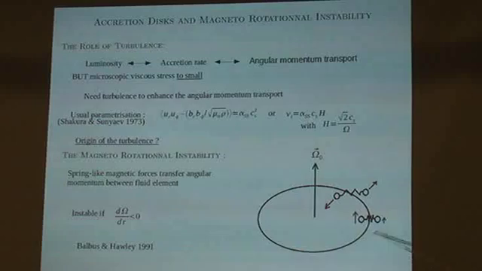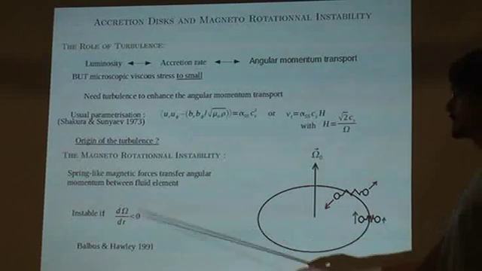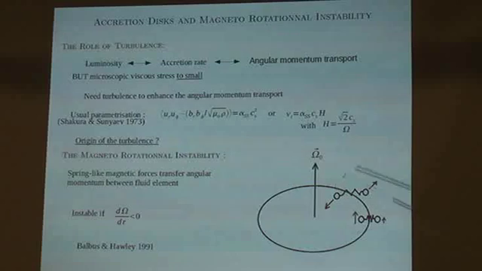As you see, all we need is that the angular velocity decreases outward, and in ideal MHD this works even for an arbitrarily small field strength. It's not true with non-ideal MHD.